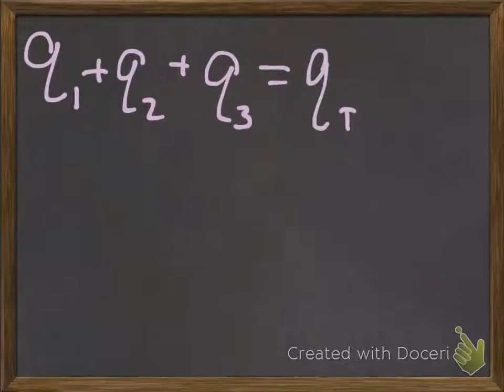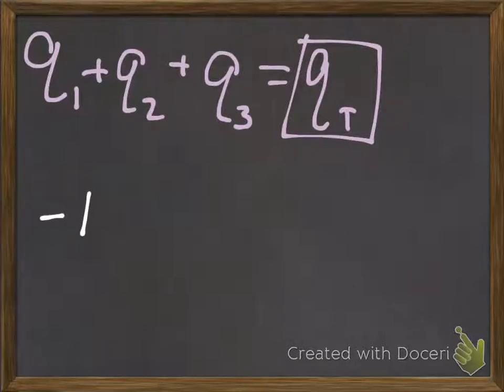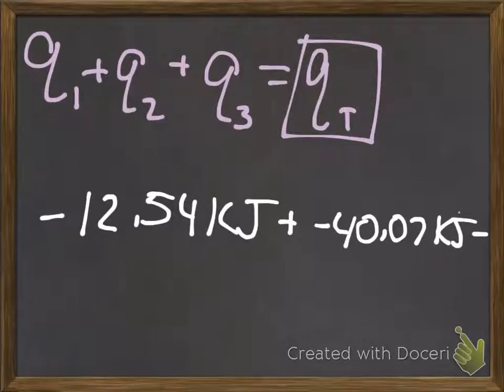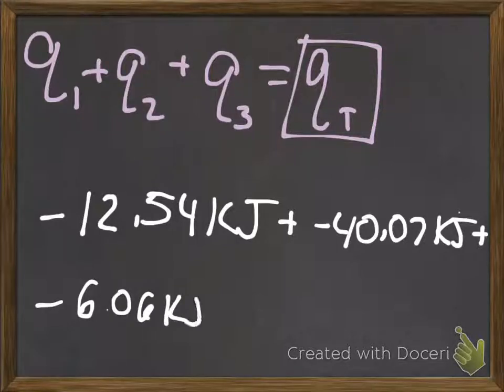So you can now find your total. All you have to do is add all the numbers that we found. Our Q1 was negative 12.54 kilojoules. Q2 was negative 40.07 kilojoules. And your Q3 was negative 6.06 kilojoules.